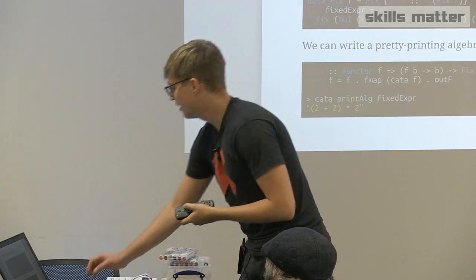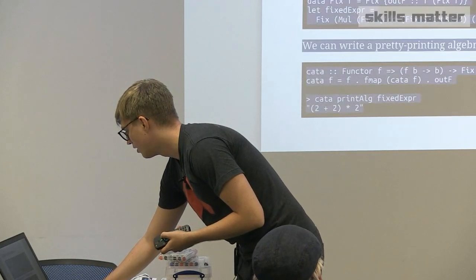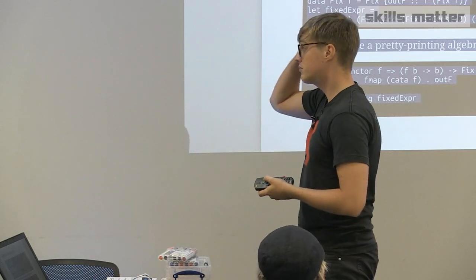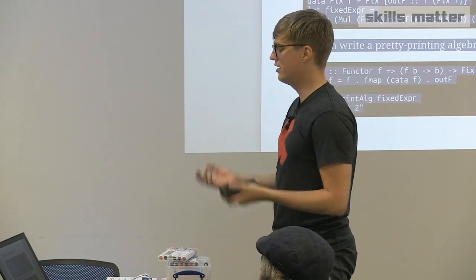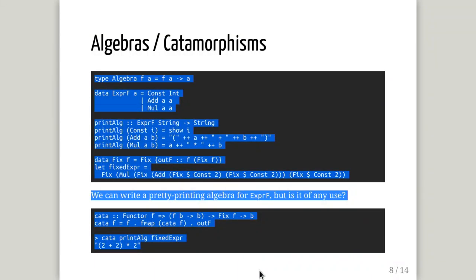So what function would operate on that type? Well, the whole idea of recursion schemes is that we can separate the walking of the tree, so the actual recursion, from the function that operates on an individual element.